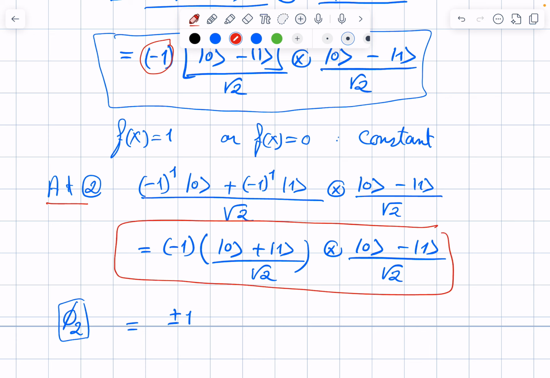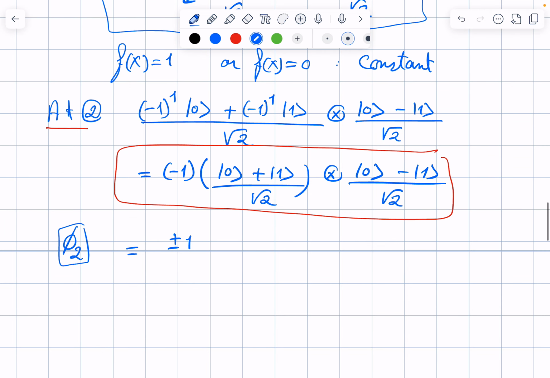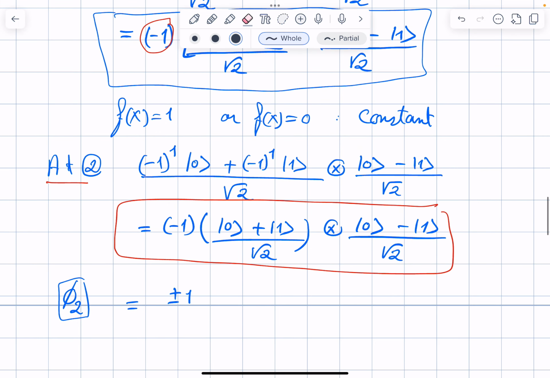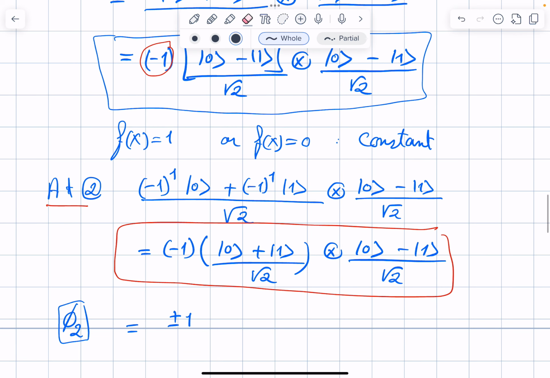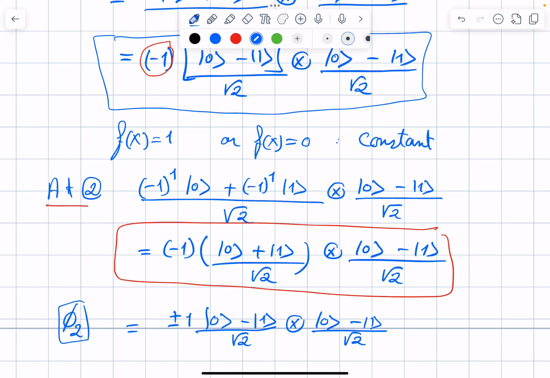So it's plus or minus 1, as we said, it's 0 minus 1 over square root 2 tensor with 0 minus 1 over square root 2 in the case of balanced.